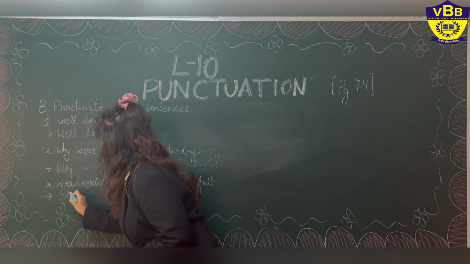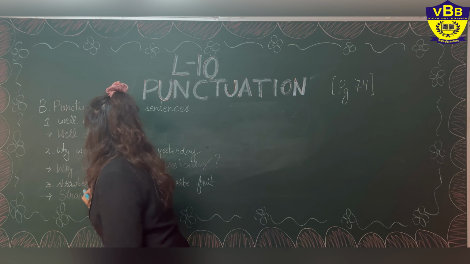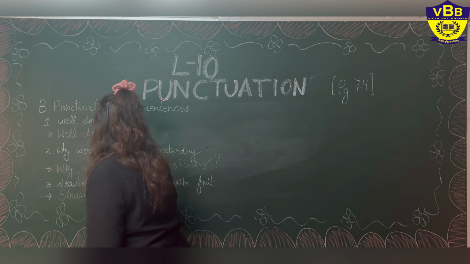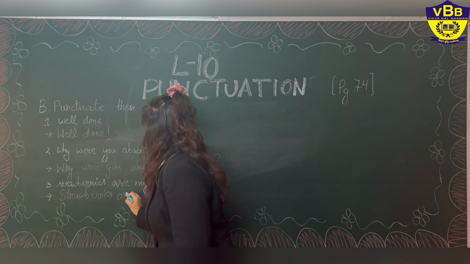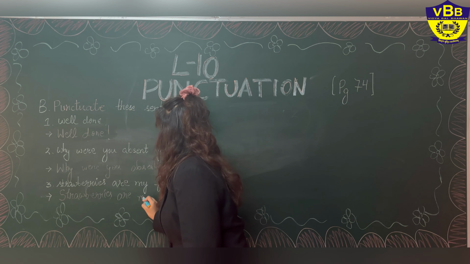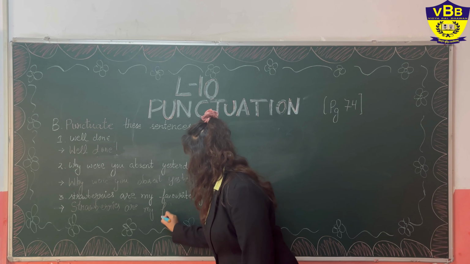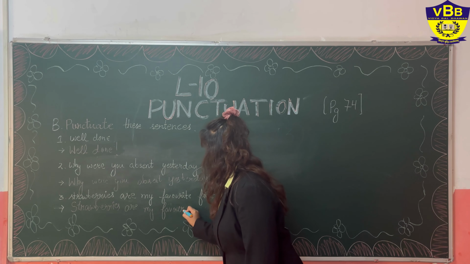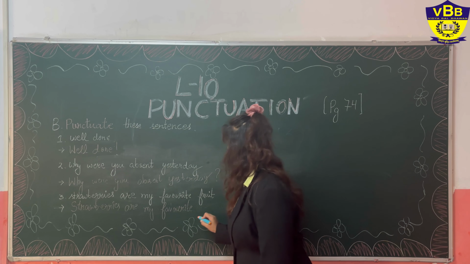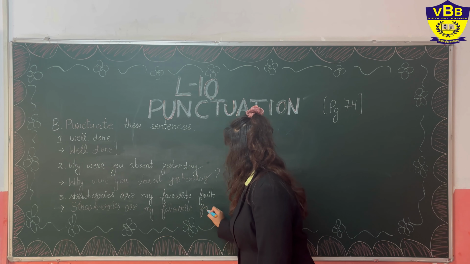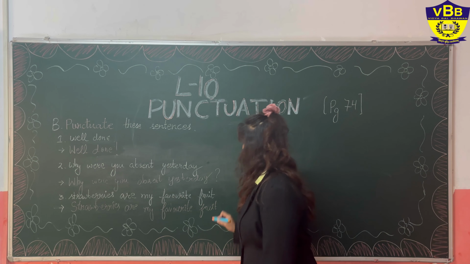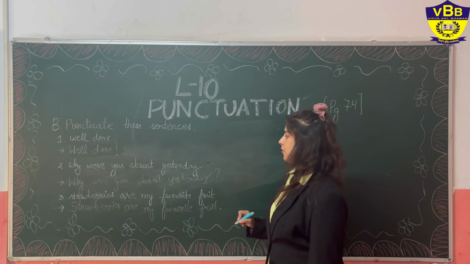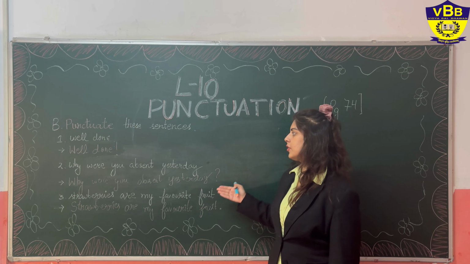S, T, R, A, W, B, E, double R, I, E, S, strawberries, are my favorite, F, A, V, O, U, R, I, T, E, fruit, F, R, U, I, T. So this is a statement, so we have to put a full stop after this. Strawberries are my favorite fruit.